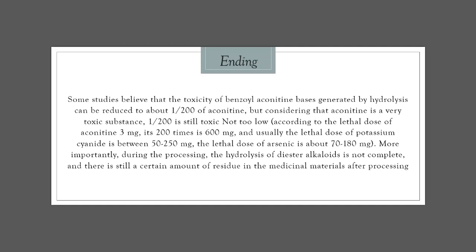According to the lethal dose of aconitine, 3 milligrams, 200 times is 600 milligrams. And usually the lethal dose of potassium cyanide is between 50 to 250 milligrams, and the lethal dose of arsenic is about 70 to 180 milligrams.